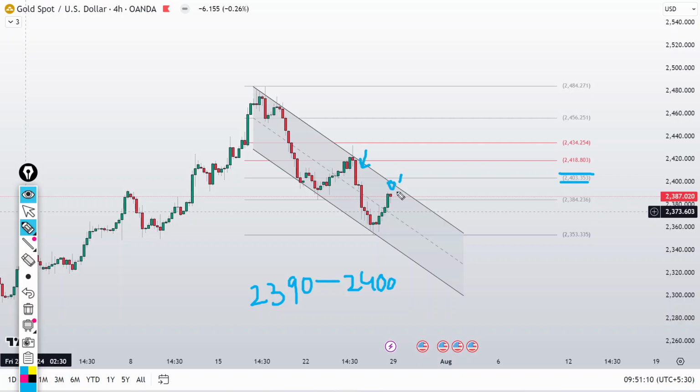Also we have the resistance trend line, as you can see, around this level. So at this level we can look for selling opportunities if we see some confirmation on the 4 hour time frame.